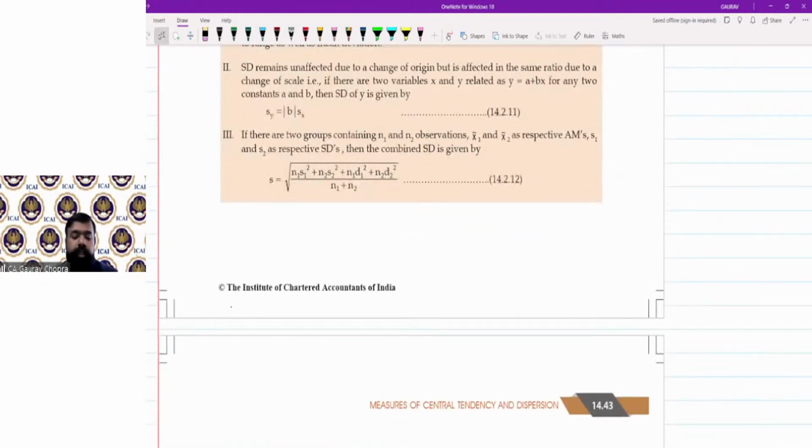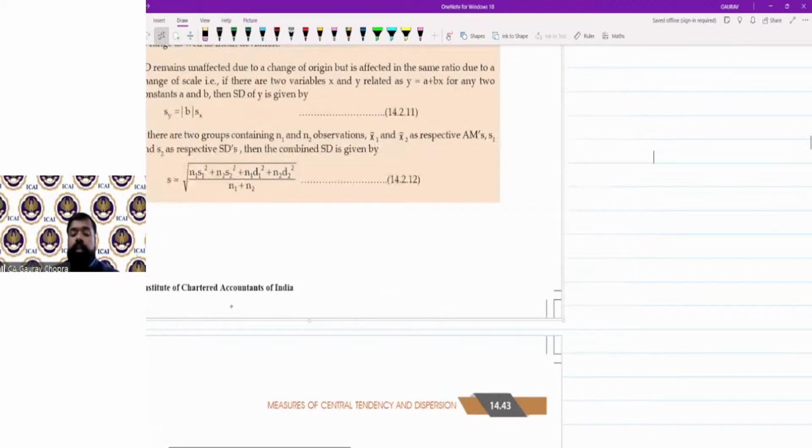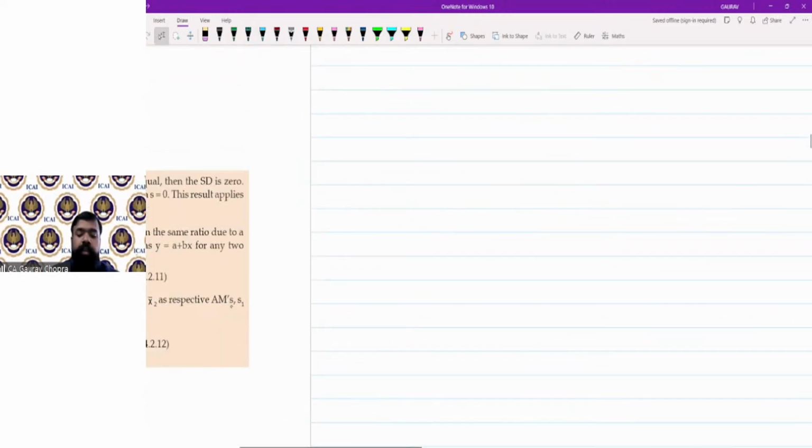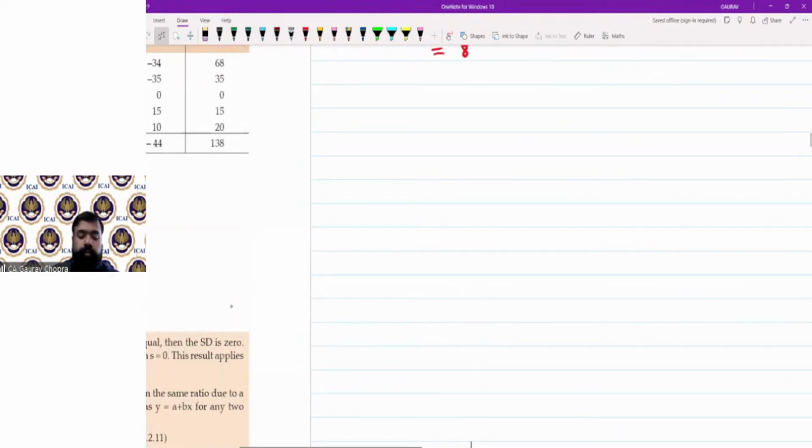Now comes the next formula. The next formula is combined standard deviation. We had done combined arithmetic mean in central tendency. Similarly, here we are doing combined standard deviation.